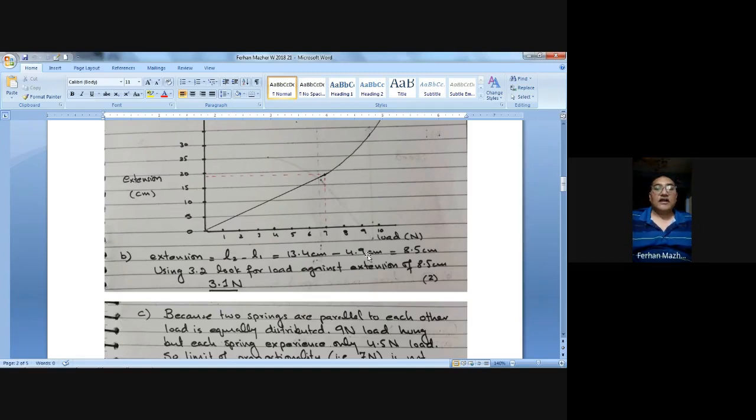Sorry, I made a mistake. I said 8.5 load. No. From your extension load graph, look for 8.5 centimeter extension.